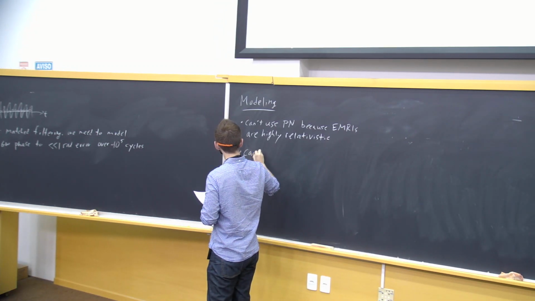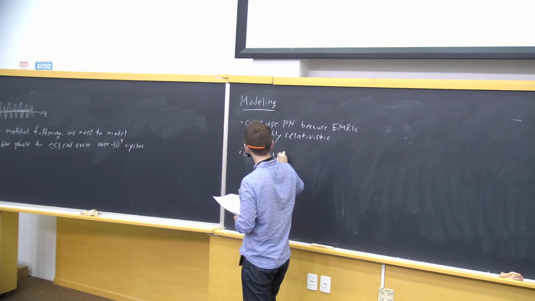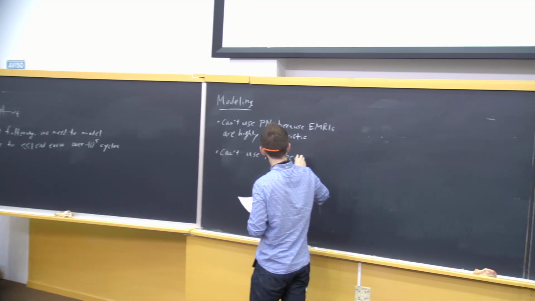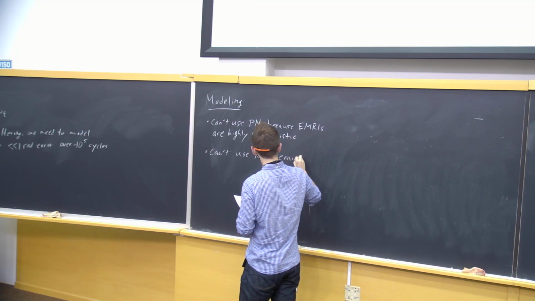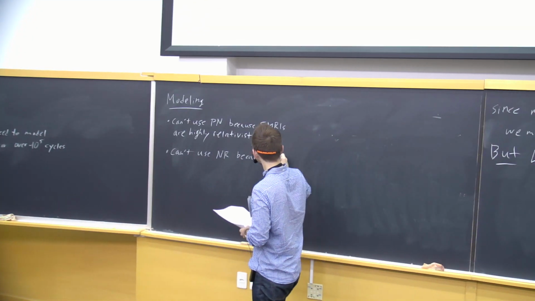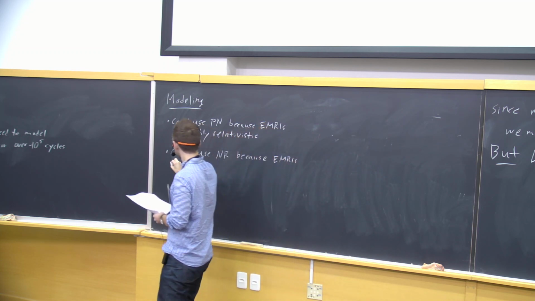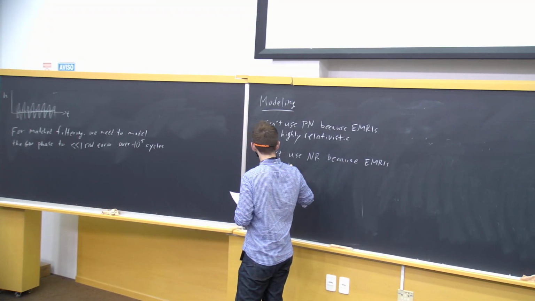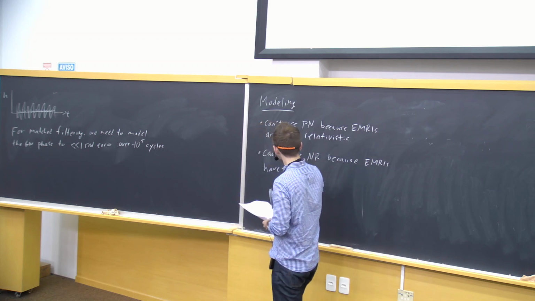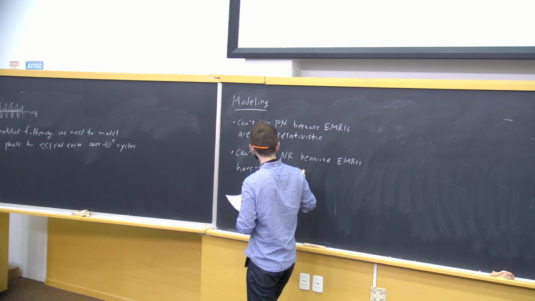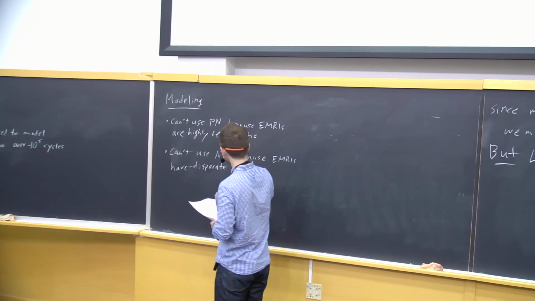We also can't use numerical relativity. For a couple of reasons. First, because EMRIs have very disparate length scales.